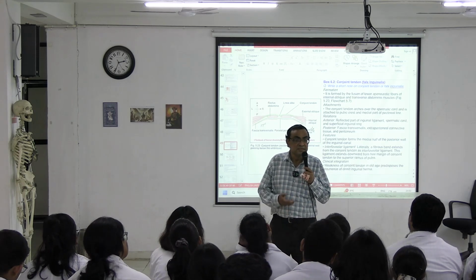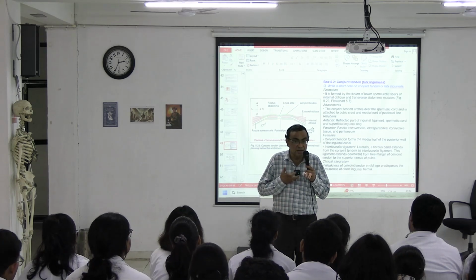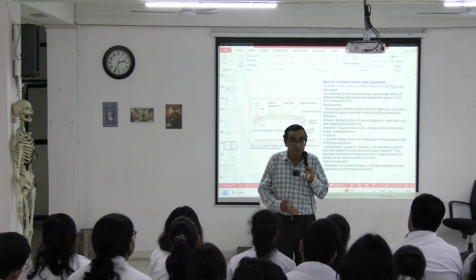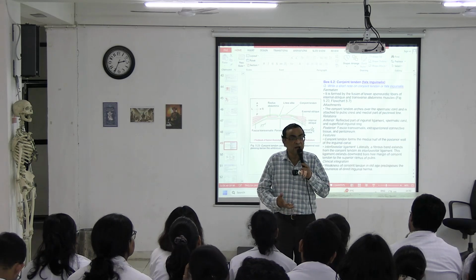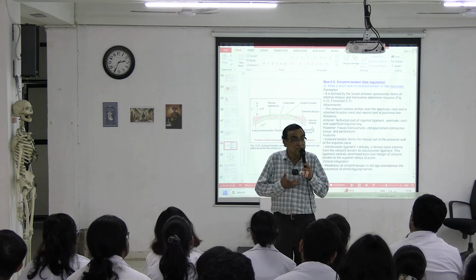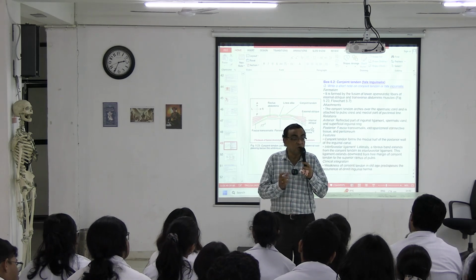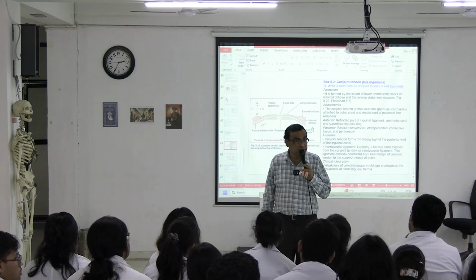Okay, but here, the midpoint between the xiphoid and umbilicus to the midpoint between the umbilicus and the symphysis pubis, here we are getting the real formation of the rectus abdominis.